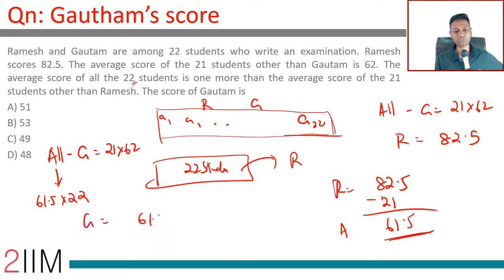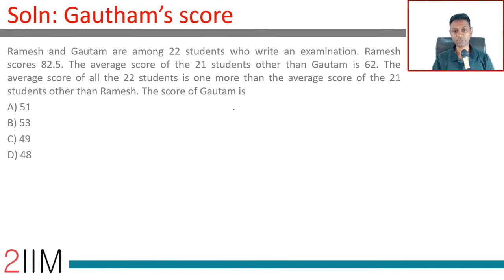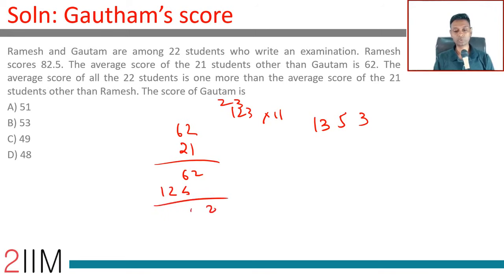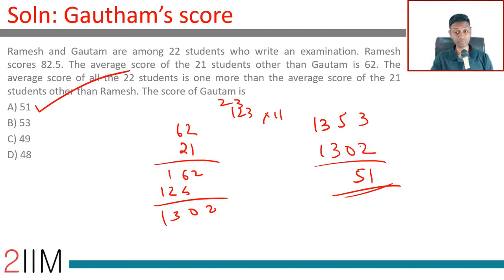So Gautam's score is 61.5 into 22 minus 21 into 62. 61.5 into 2 is 123 into 11, minus 21 into 62. 123 into 11 is 1353. And 21 into 62 is 1302. Subtracted from this, Gautam's score should be 51.